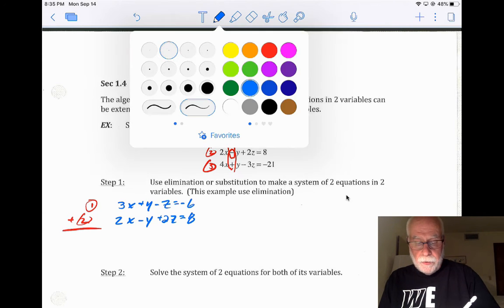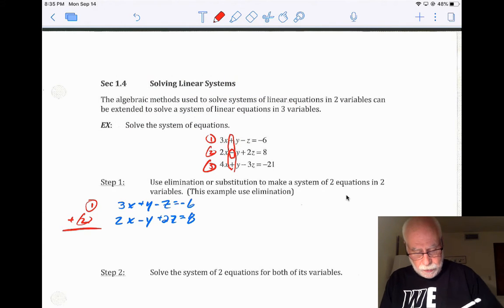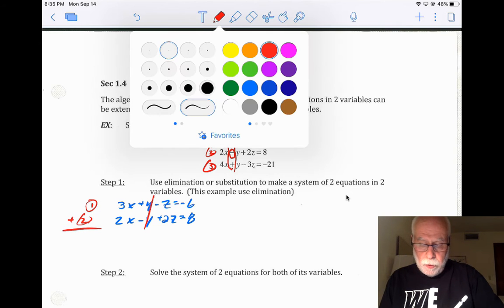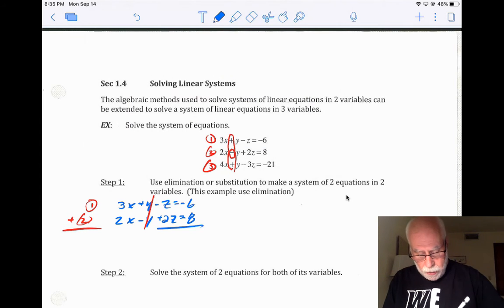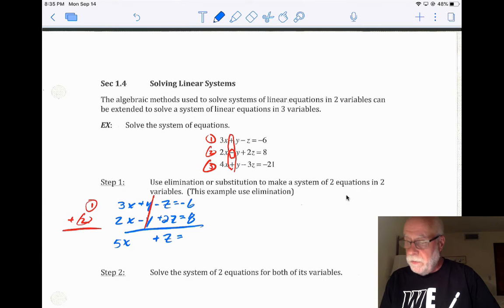And remember on this one here, what was nice is that when we added them, the y's went away, and we got 5x plus z is equal to 2. And remember, I told you to call this one now equation 4.